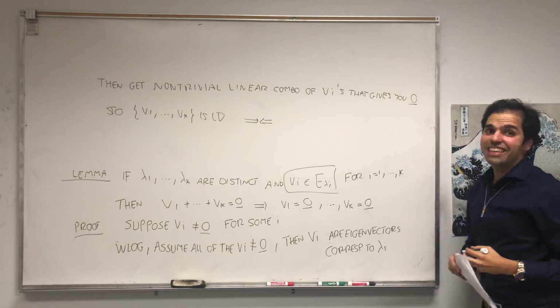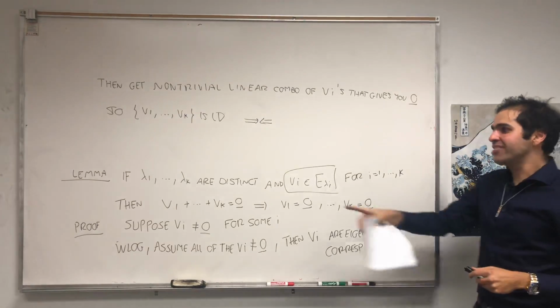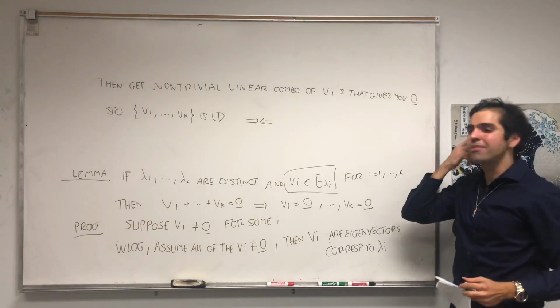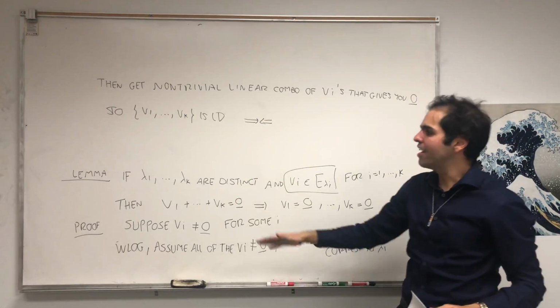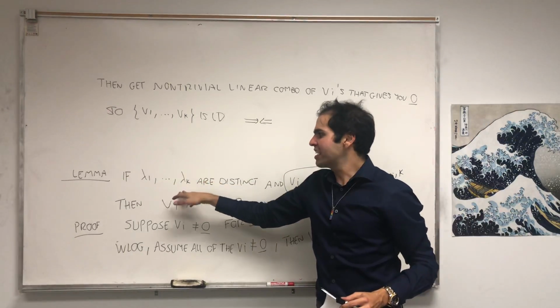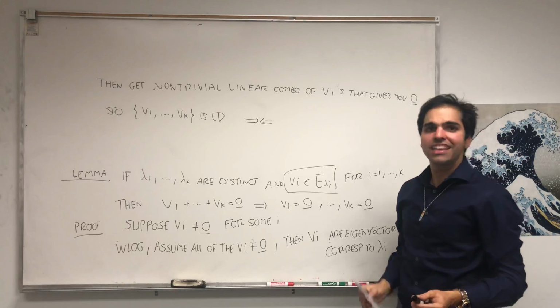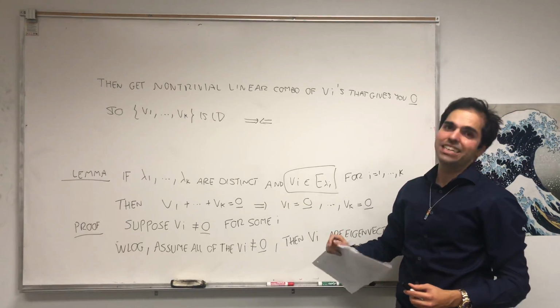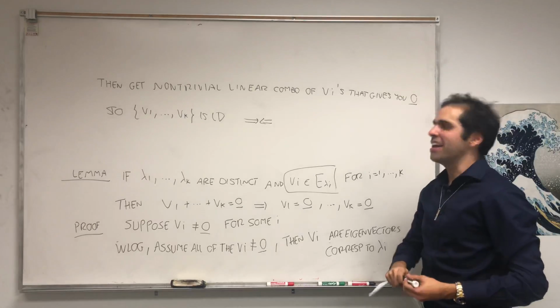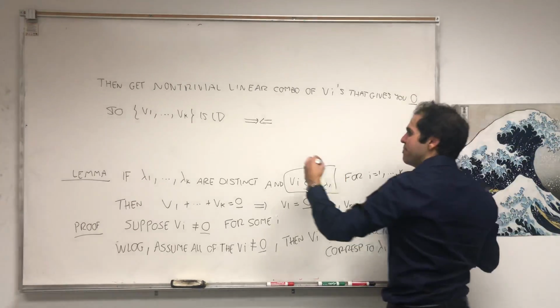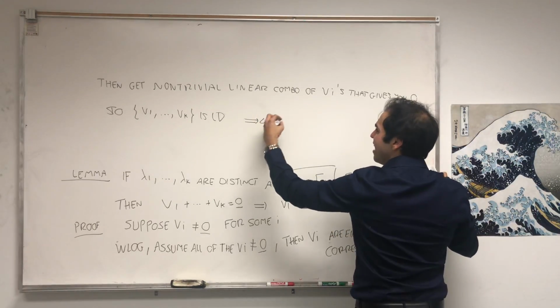But this contradicts the fact that they're supposed to be linearly independent, because in another video that I've done I showed that eigenvectors corresponding to distinct eigenvalues are linearly independent. So because we find this is linearly dependent, but we know it's linearly independent, we get a contradiction.